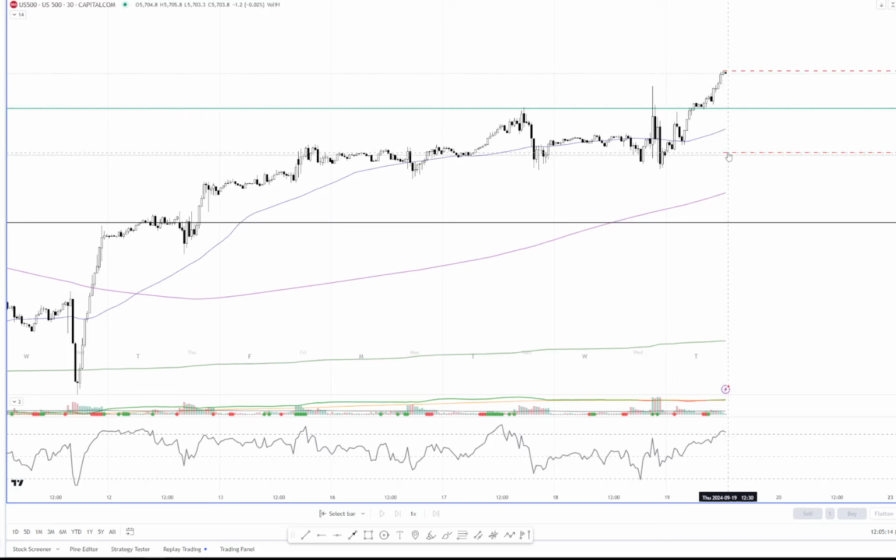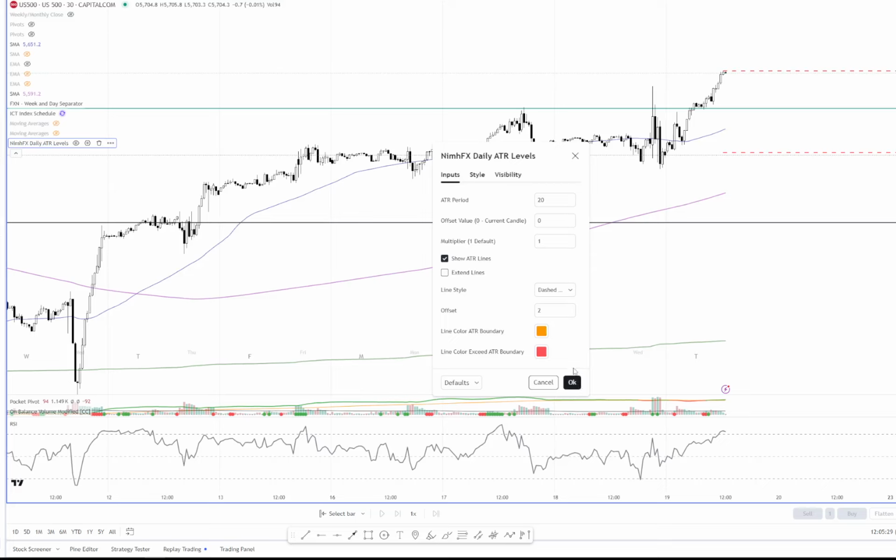This one is really good. I have one multiplier and the ATR period of 20 on this one, and offset so it's not in the way.